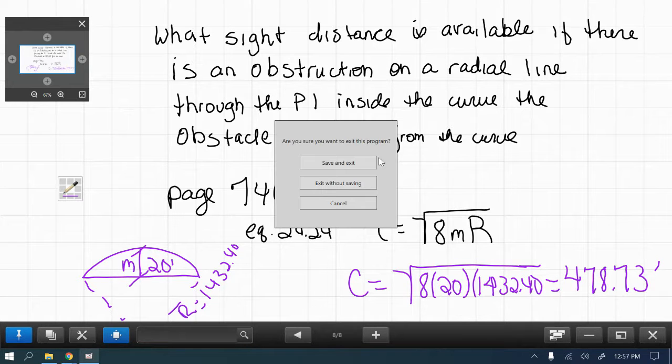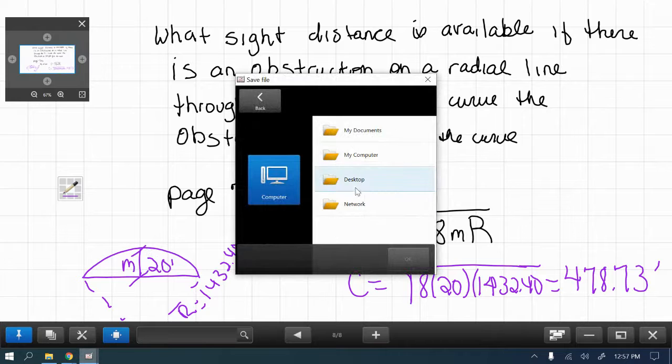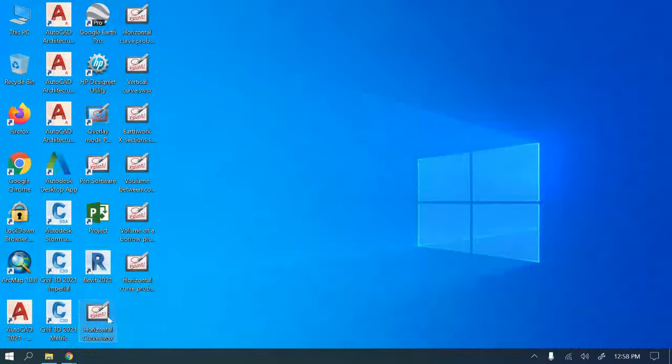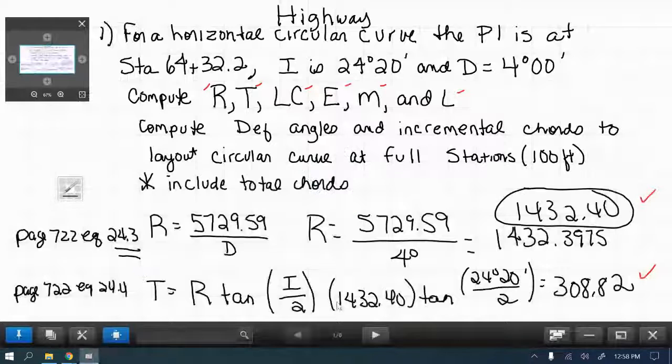I'm going to do save and exit. And we'll go in and save it as a PDF too.